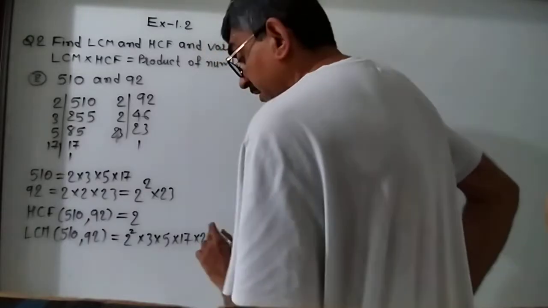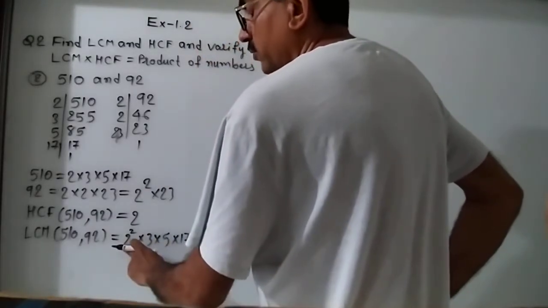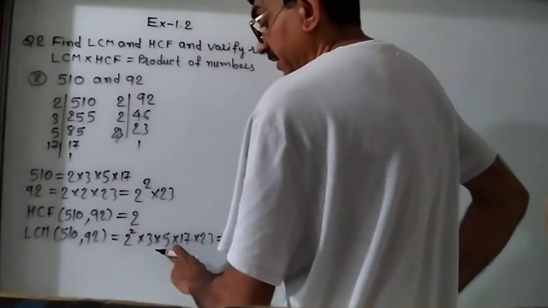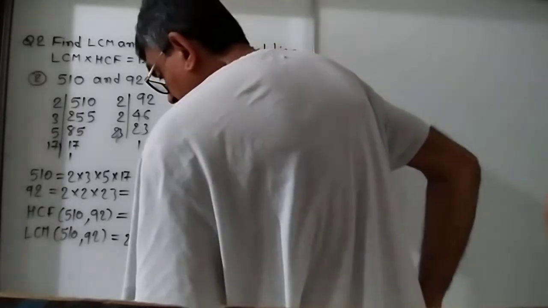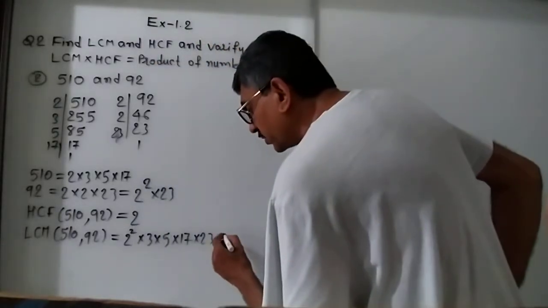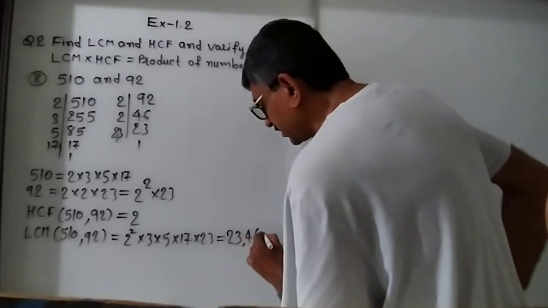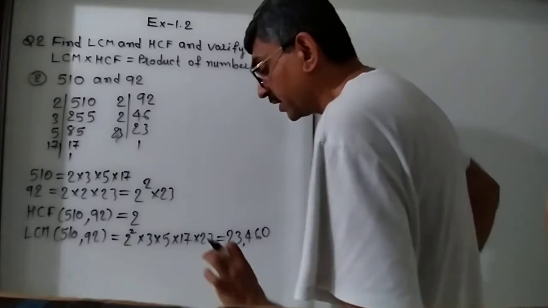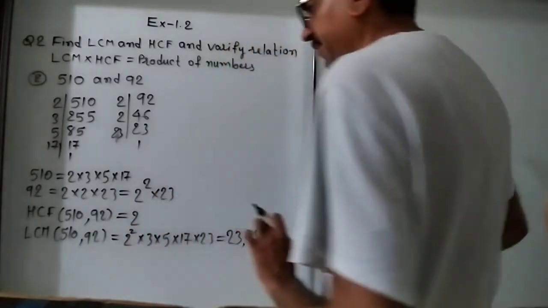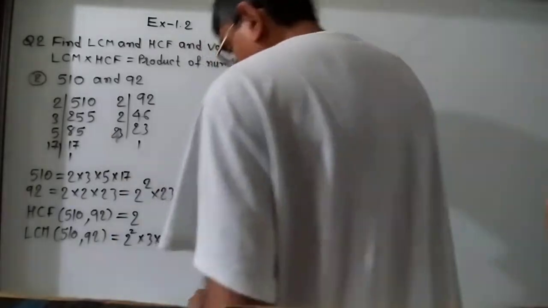And we multiply. 4 into 3 is 12, 12 into 5 is 60, 60 into 17 into 23, you would get 23460. I did the rough work. LCM and HCF are found. Now we shall verify.